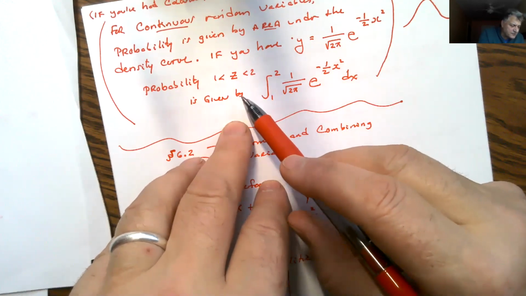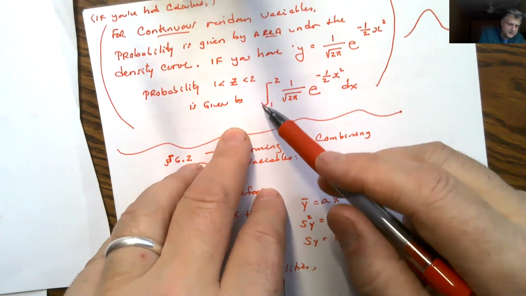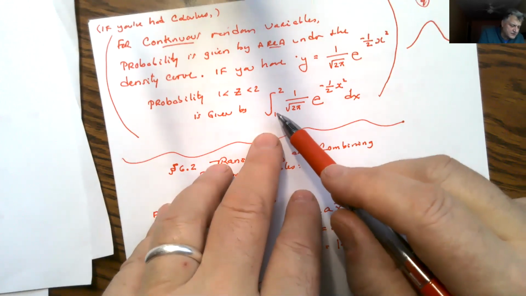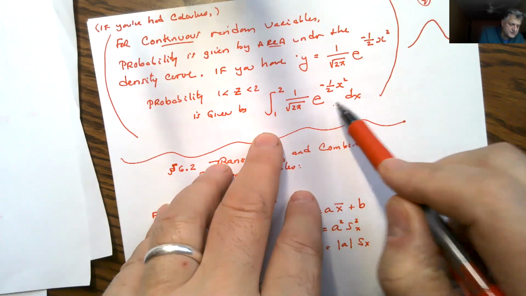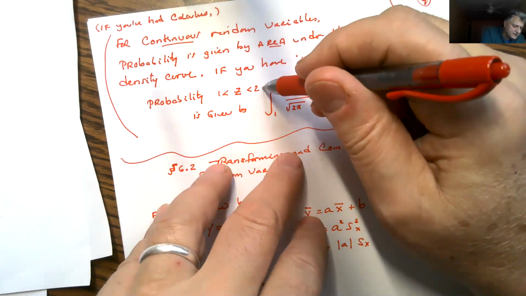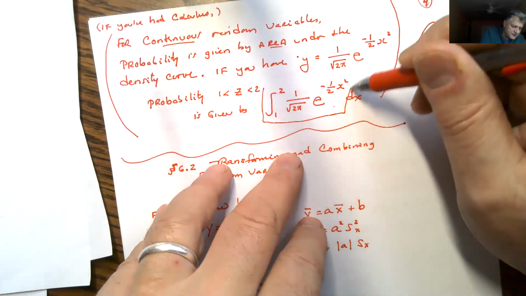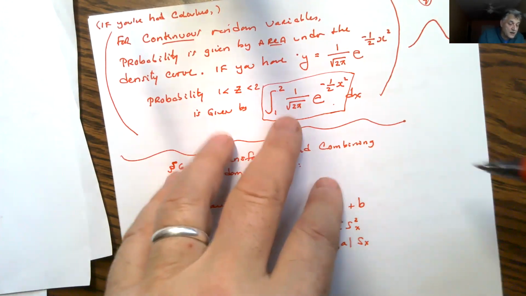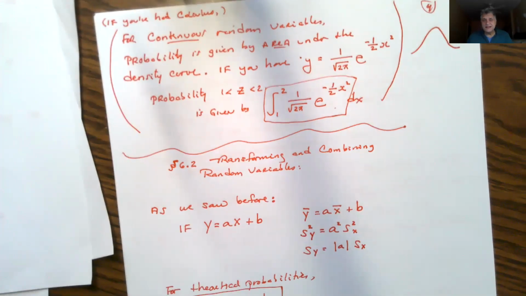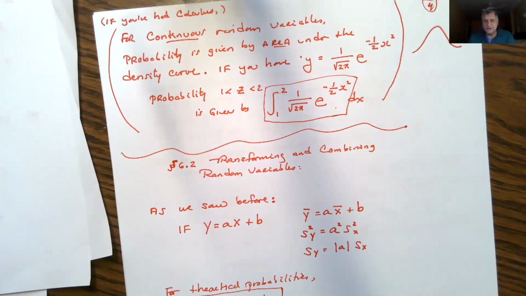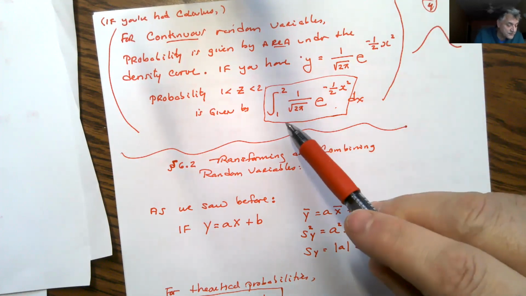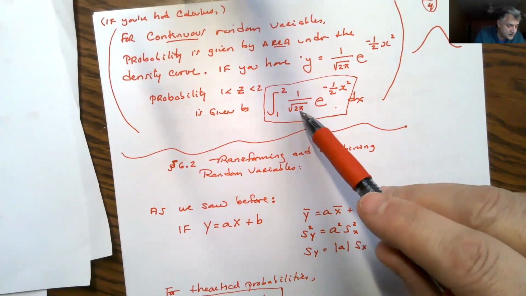If you want the probability that z is between 1 and 2, you take the integral from 1 to 2 of this. From BC calculus, you don't know how to integrate this. We don't have techniques for that. But you can do fnInt on your calculator. So you can try that just for fun. Keenan, I know you're going to try this. Just for fun, do fnInt on your calculator.